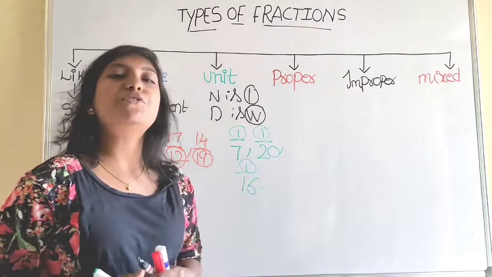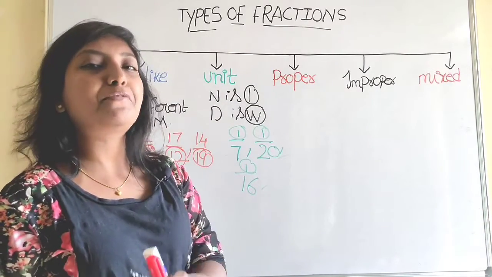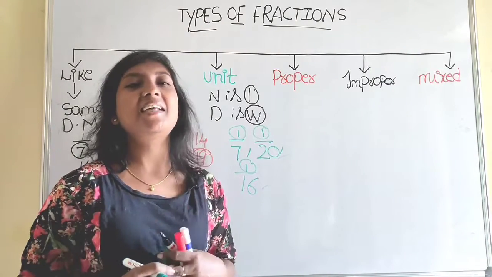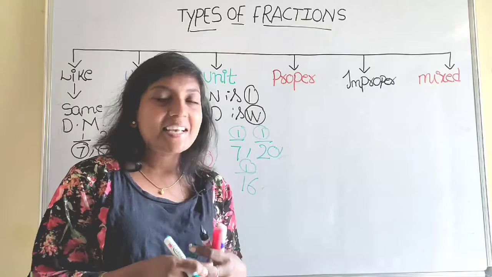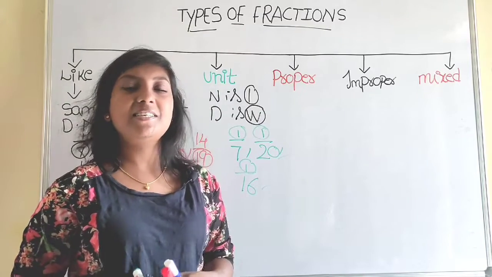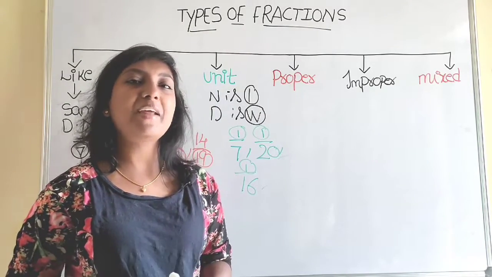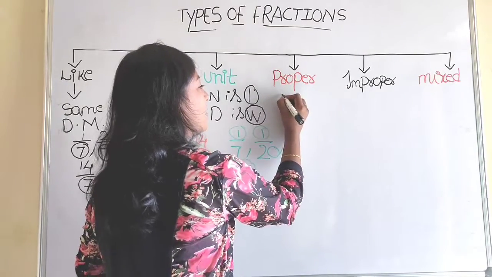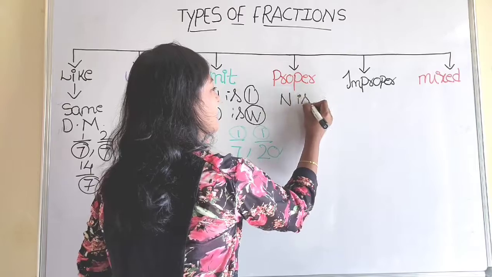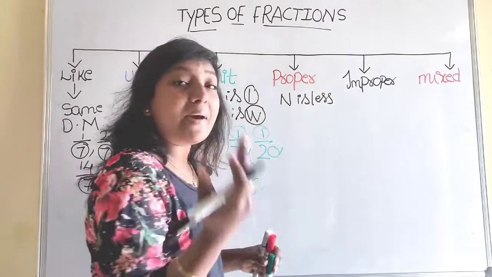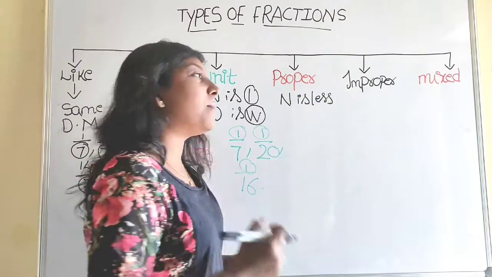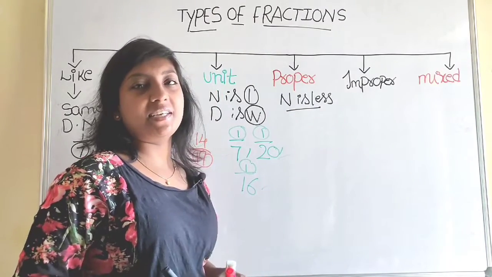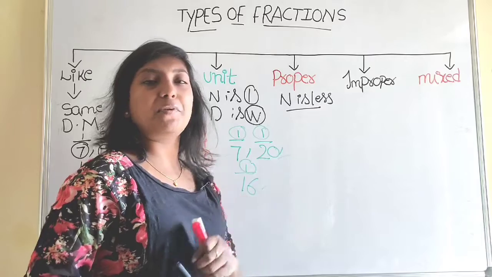Now, let's move on to the next fraction, that is proper fraction. The fraction that has the numerator as less compared to the denominator, those fractions are proper fractions. If the numerator is less compared to the denominator, then we say these fractions are proper fractions.